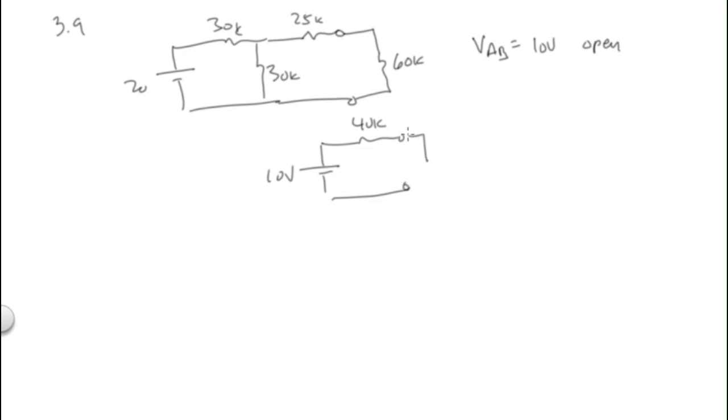And what would be the current through that? I is equal to what? 10 divided by 100K. It's 0.1 milliamp. Okay, now what will be the voltage?